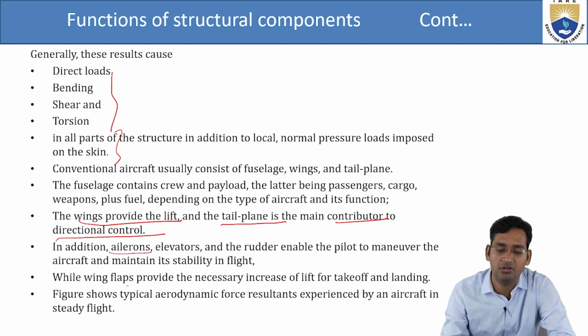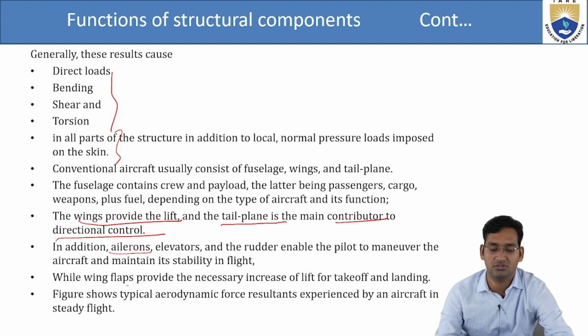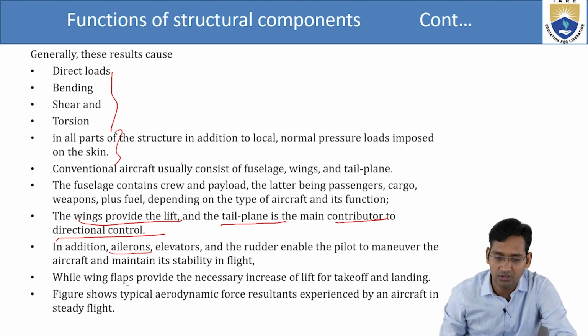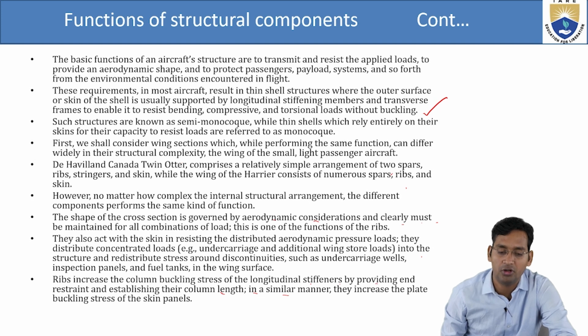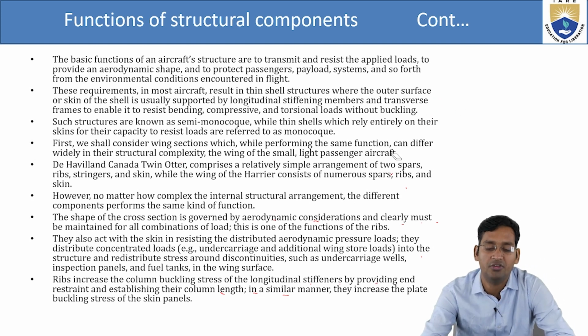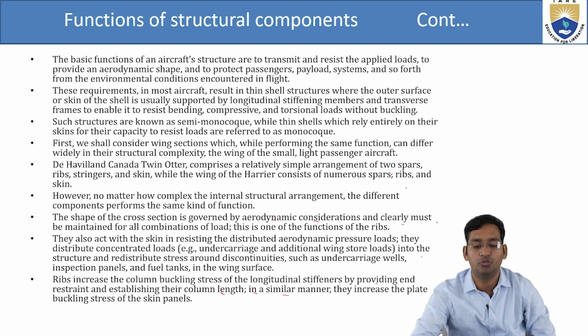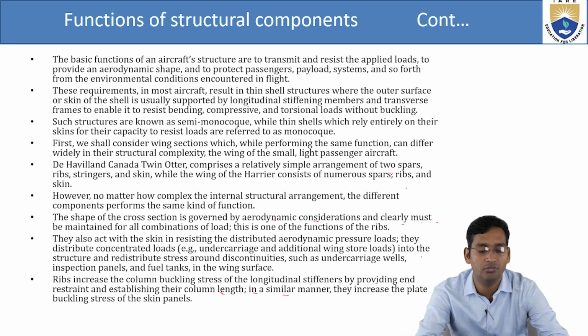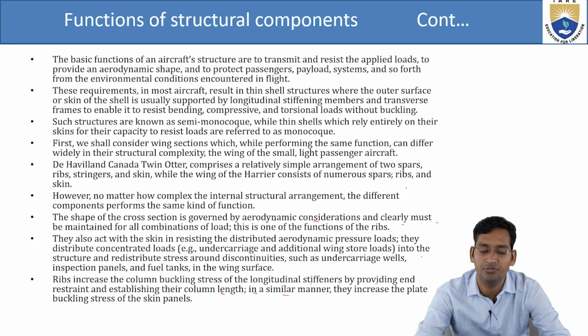Then we are seeing again the function of different components. So these are the components, how they will work, that we had seen. Now the function, let's continue. The basic functions of an aircraft structure are to transmit and resist the applied load, to provide an aerodynamic shape, and to protect passengers, payload, systems, and so forth from the environmental conditions encountered in flight.